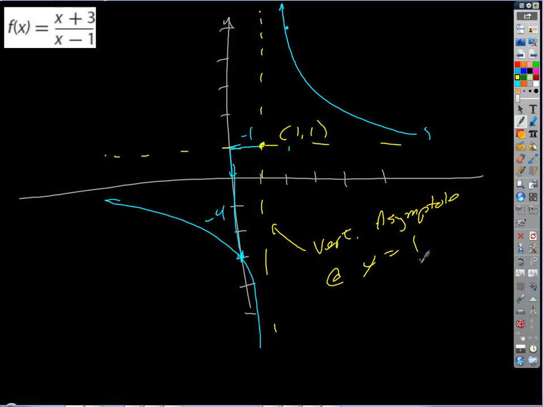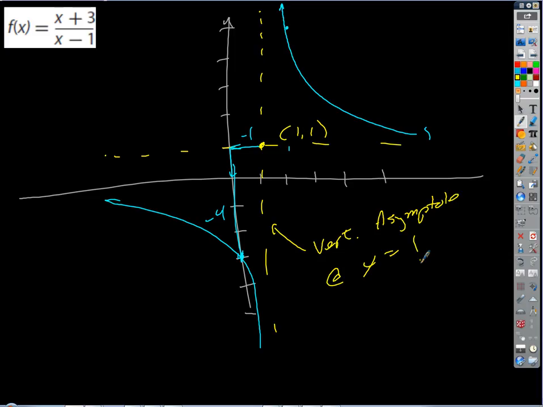We could. How do you think? What about this rational function is telling us vertical asymptote at x equals 1? You can be wrong. It's all right. Just throw something out there. What do you think? Yeah, the bottom, right? The 0 of the denominator is 1. Everybody agree that's the value of x that makes the denominator 0?